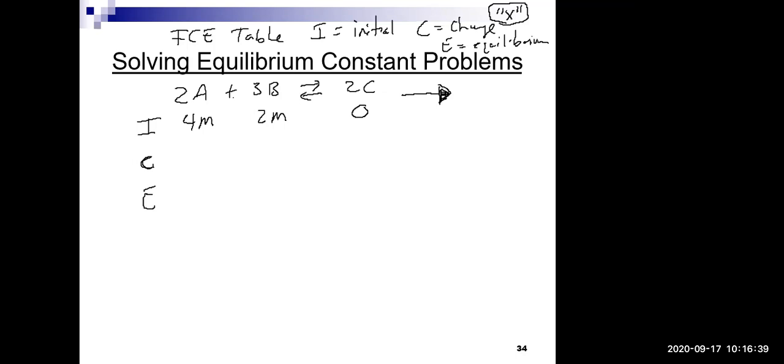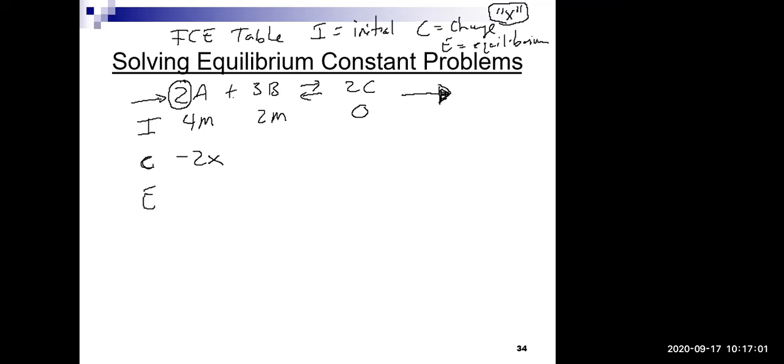But in addition to the change, which is X, we do have to do something like minus 2X here. And the 2 is because of the coefficient here in the balanced equation. That 2 that we put down here with the 2X will take care of all the mole to mole relationship, the stoichiometry of the equation.